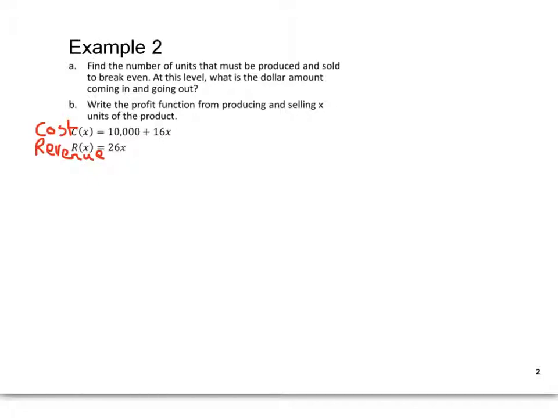When we break even, the break even point is where cost and revenue are equal. So what we want to do is set 10,000 plus 16x equal to 26x. And so that means I need to subtract 16x on both sides.